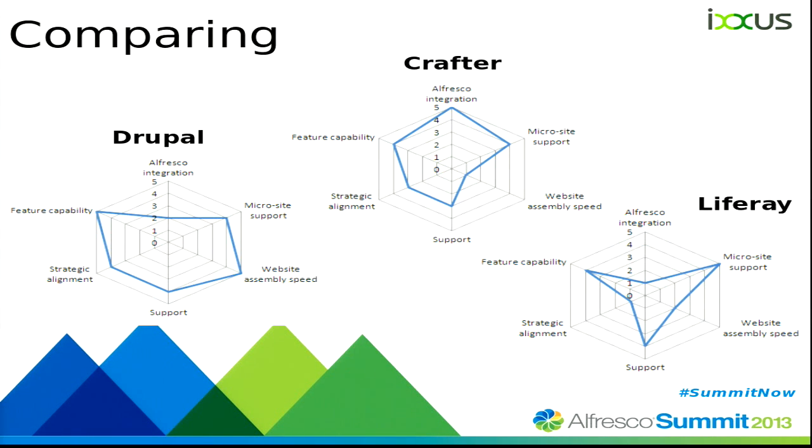So I just wanted to go over a quick slide comparison. So here you can see Drupal. Its Alfresco integration isn't great. The CMIS module has some opportunities around it, but it's a fairly good start. It's got a huge number of features, and the website assembly speed is very, very rapid.